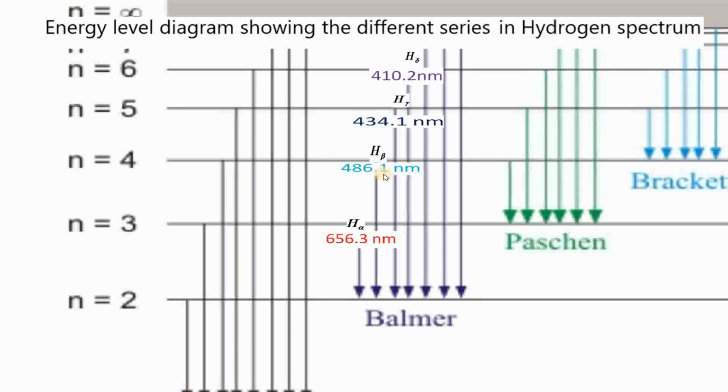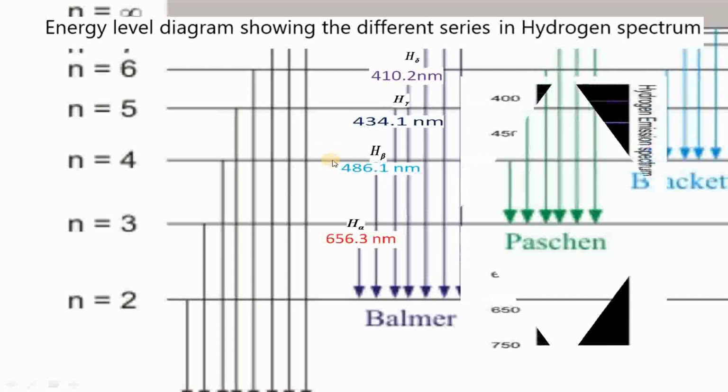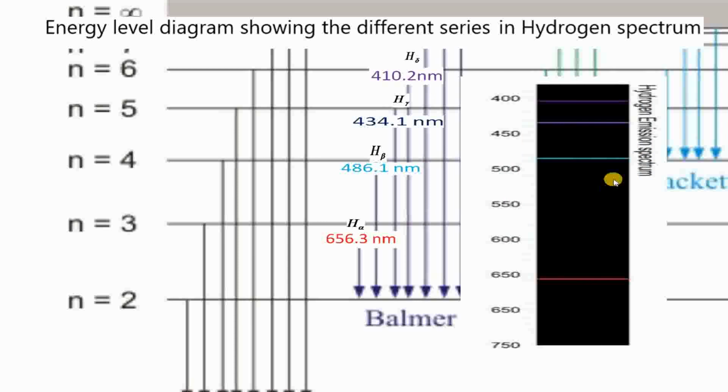Now I am going to show you the actual photograph of the hydrogen emission spectrum. As you can see here, this is the hydrogen emission spectrum. These are the four prominent colors. This is the first color. This is of longest wavelength. We can match here, the color of the line is red.